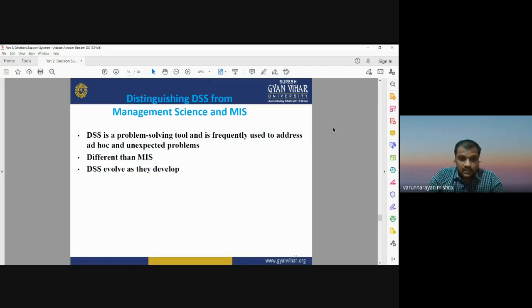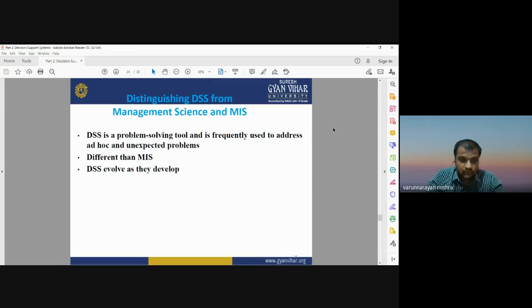Whatever decision support system we need, what kind of decision support system is required, depending on the requirement, we may develop that decision support system. If you are looking for some decision support system for a municipal corporation, then you can go for the decision support system that can work for a municipal corporation.